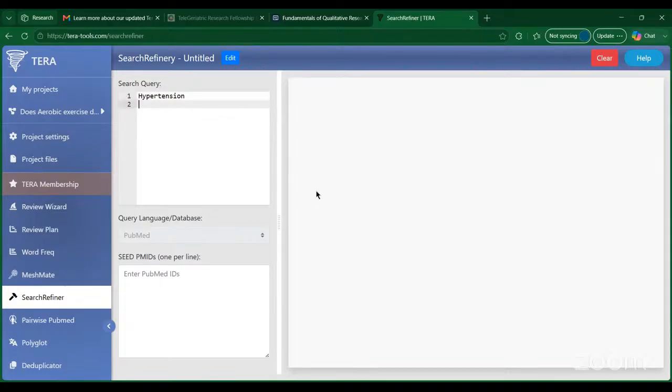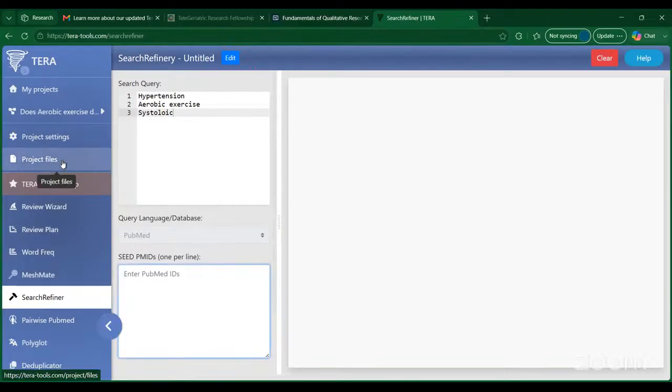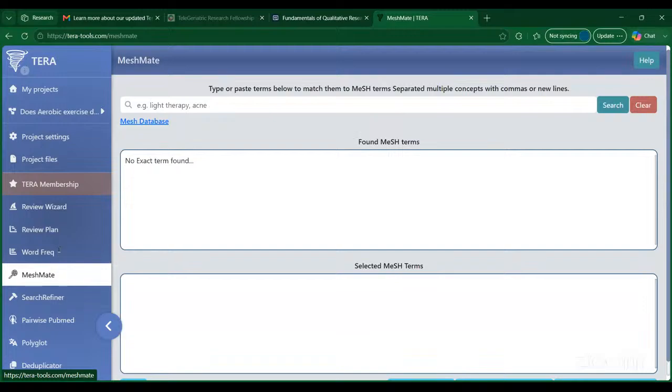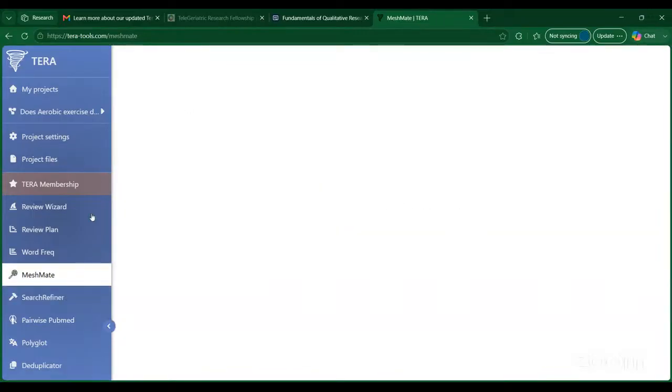What else could I add? To be honest, I'm not familiar with the MeSH terms, but the idea is that you add your terms here and then you add them with the MeSH terms and then you come out with a search.